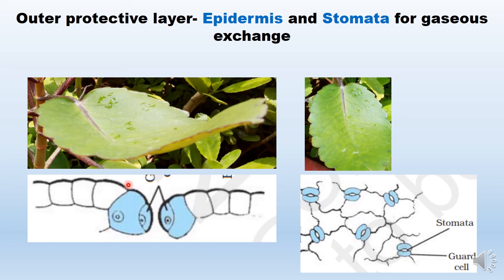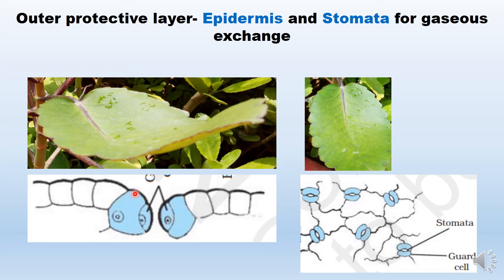One thing. Now another interesting structure, and before I tell you more about this interesting structure, let me tell you why it exists at all. If there is a waxy layer on the epidermis of stem and leaf, then the waxy layer will not allow passage of water or even gases.